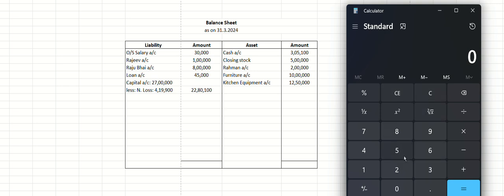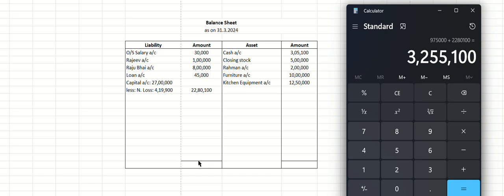We can first take the total of liabilities. It is 30,000 outstanding salary plus 1 lakh Raji account plus 8 lakh from Raju by account plus 45,000 of loan account plus 22 lakh 80,100 for the capital.